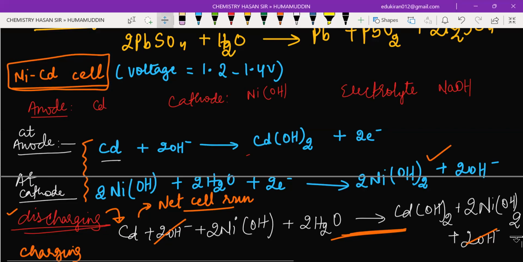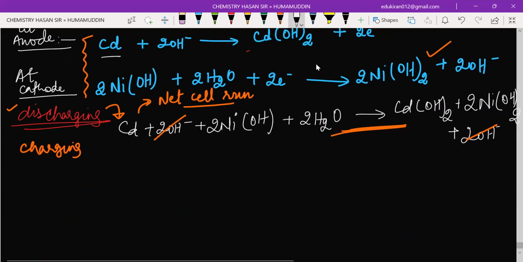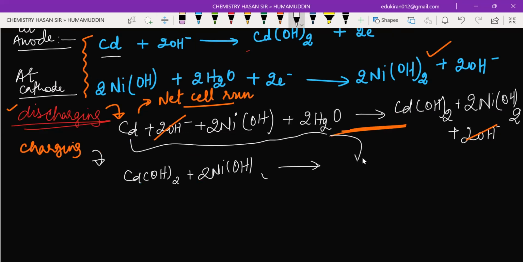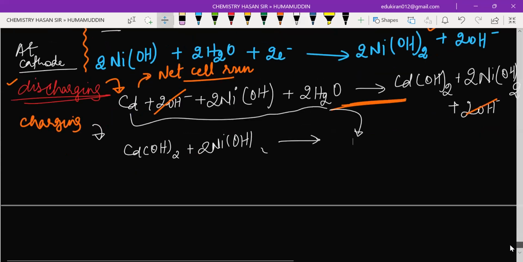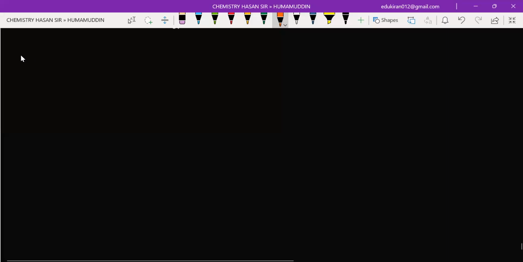Yes, and on the right hand side, it will be Cd plus 2NiOOH plus H2O, right? For charging, you just need to do the reverse, nothing else. And this part will be on the right hand side, right? Yes, sir.